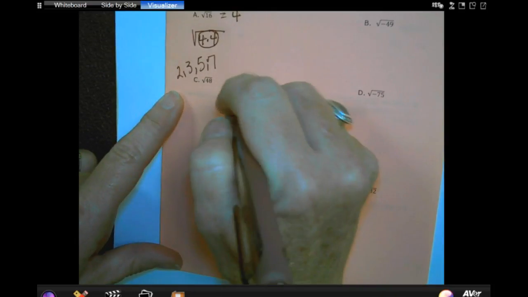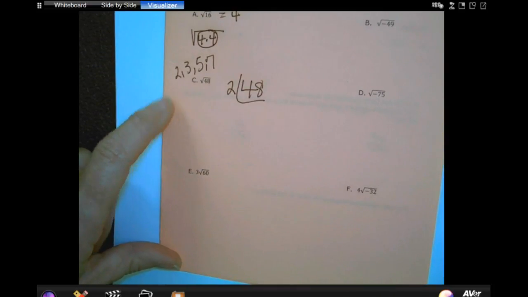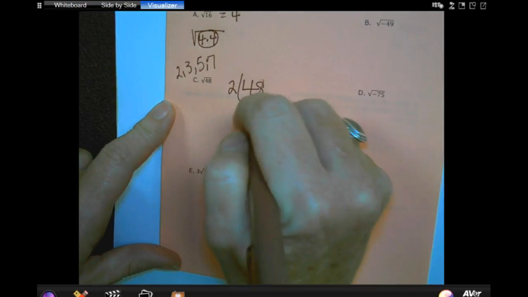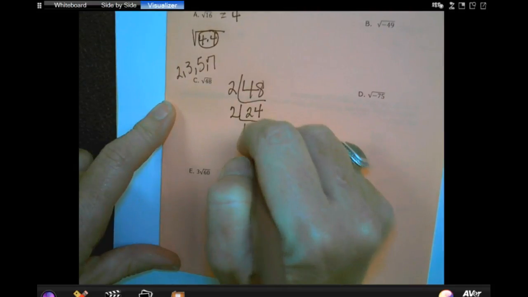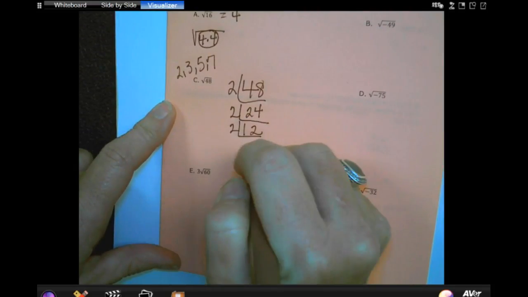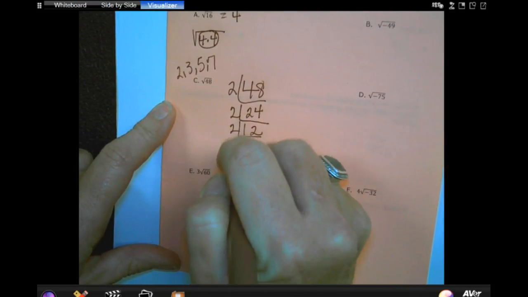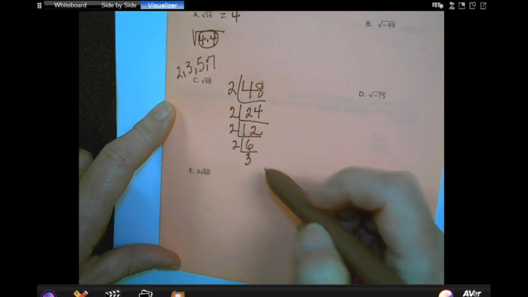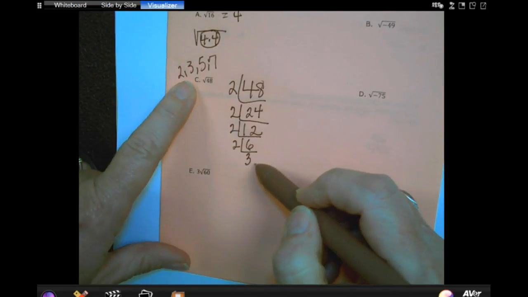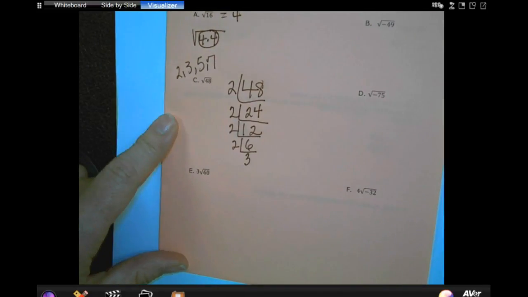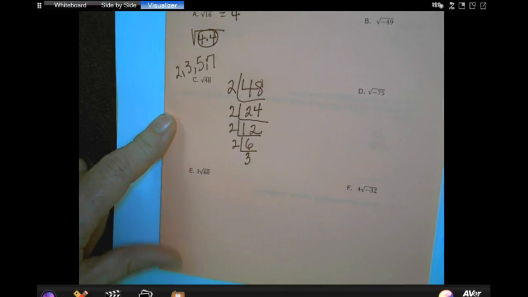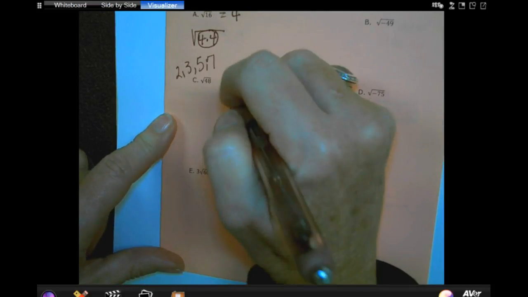If I put 2 here, 48 divided by 2 is 24. If I divide by 2 again, I get 12, and if I divide by 2 again, 6. If I divide by 2 again, I get 3. And I get to stop because that's one of the numbers that's here. So now I want to know who gets to go on a date.